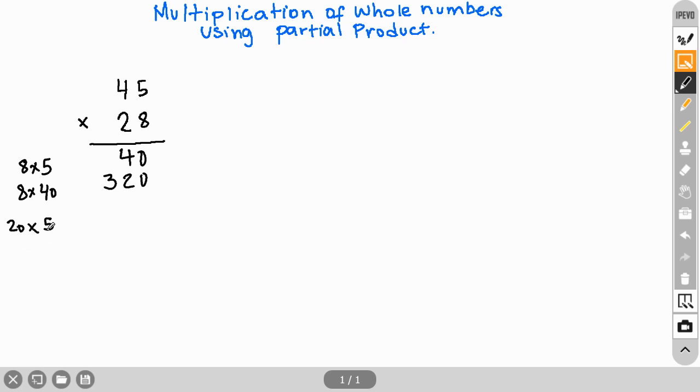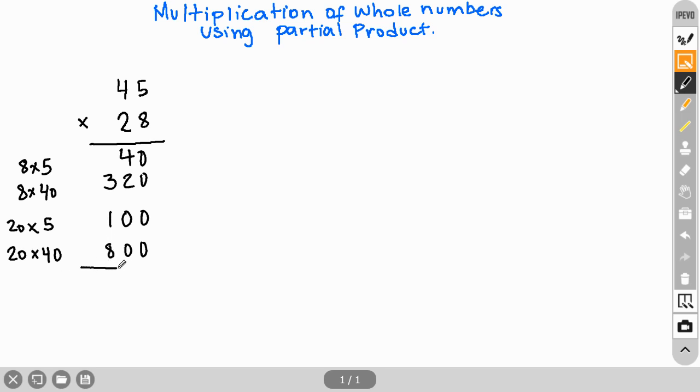So 2 times 5 is 10, plus this 0, it's 100. And 20 times 40. So I do 2 times 4 is 8, and there are 2 zeros. So 2 zeros and the 8.